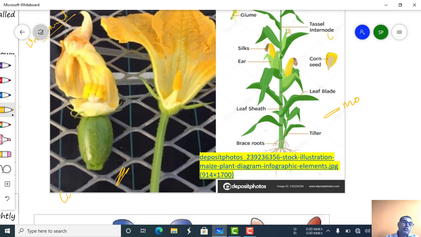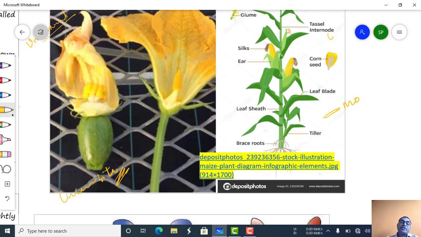So in case of cucurbita, you will observe such a type of case, or in case of papaya, you will observe such a type of plant. Some papaya plants do not bear fruits. Why do they not bear fruit? Because that plant is the male plant.